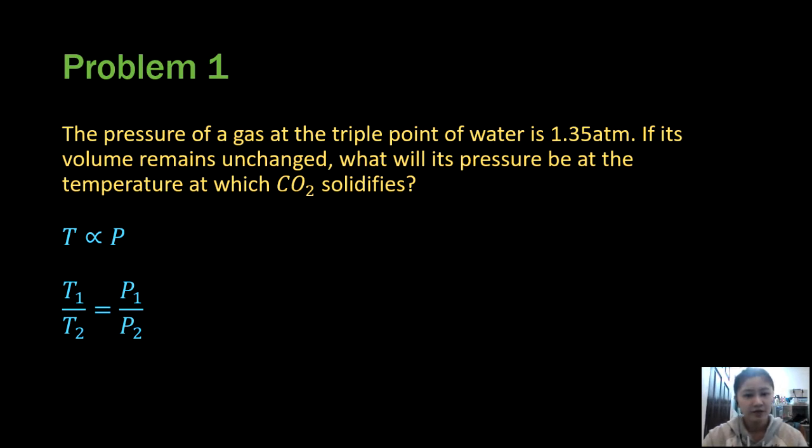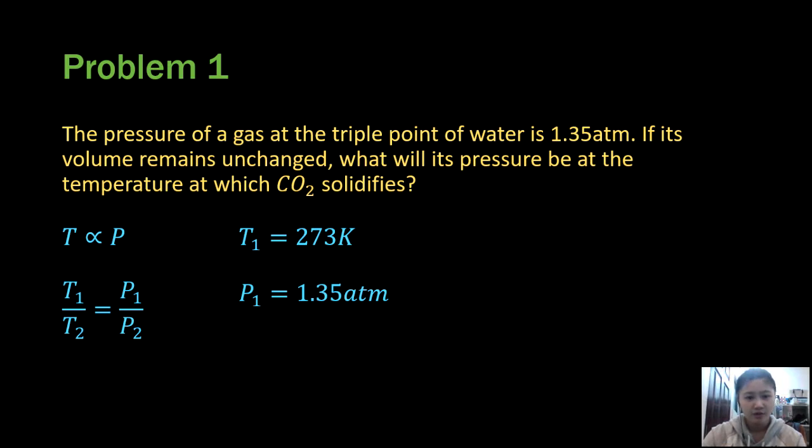For the initial temperature, we have 273 Kelvin, because at the triple point of water, its temperature will be 273 Kelvin or 0 degrees Celsius. And for the initial pressure, we have 1.35 atm or atmospheric pressure.